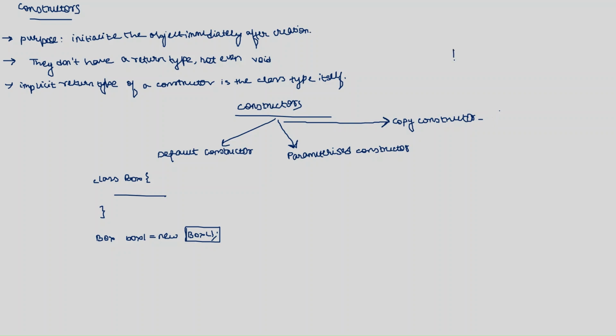So like let's say I have a box 1 and I have a box 2. Box 1 stores the width, height, and breadth. What I want is a new instance in the heap memory, but I want it to have the same properties and the same dimensions as box 1.